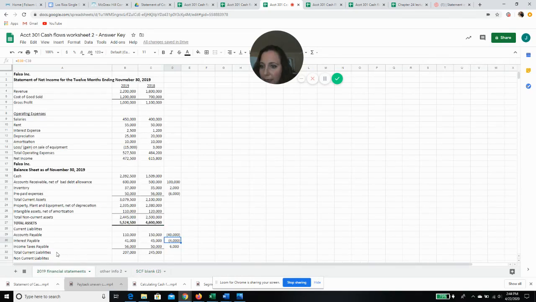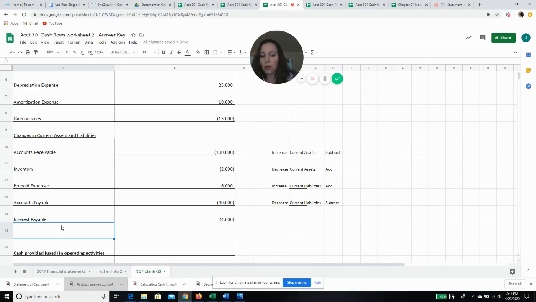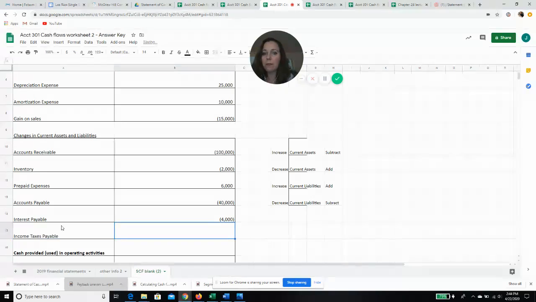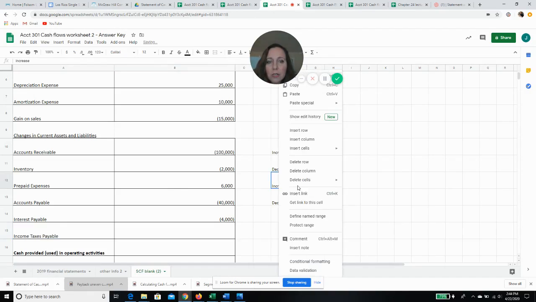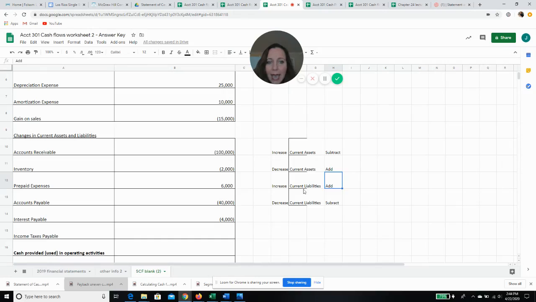And finally, the last of my current liabilities, income taxes payable, increased $6,000. So income taxes payable. If I increase current liabilities, that means I add. So I'm going to add the $6,000.